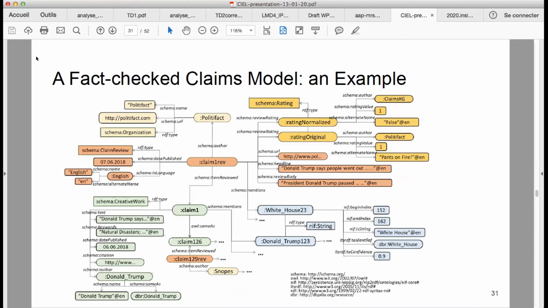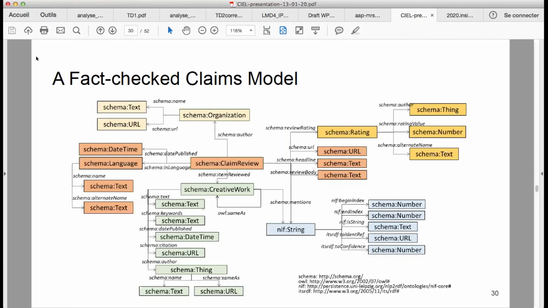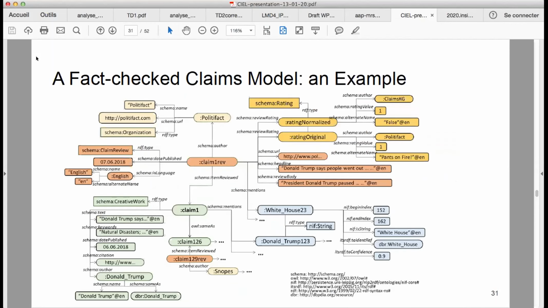As I mentioned, the model that we have used to build ClaimsKG is a simplified version of the model that I have explained in the first part of my talk. So I will just skip this part, maybe just to illustrate a little bit what we have here. We would have a claim. For example, we will find the textual content of the claim, "Donald Trump says blah, blah, blah."